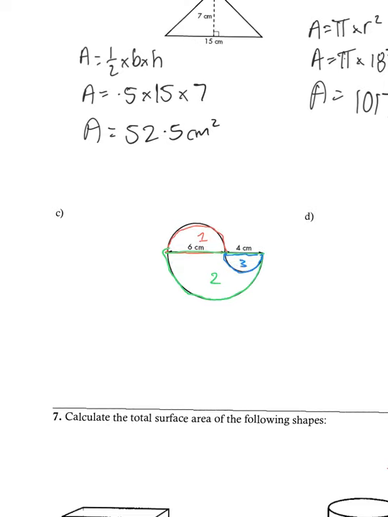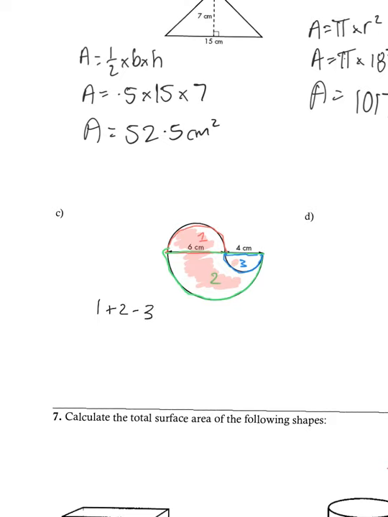So if we work out the area of this, guys, it's obviously going to be the area inside the teardrop. Which is going to be the area of 1 plus the area of 2, but then minus the area of 3. So I'll just write that there: 1 plus 2 minus the area of 3.